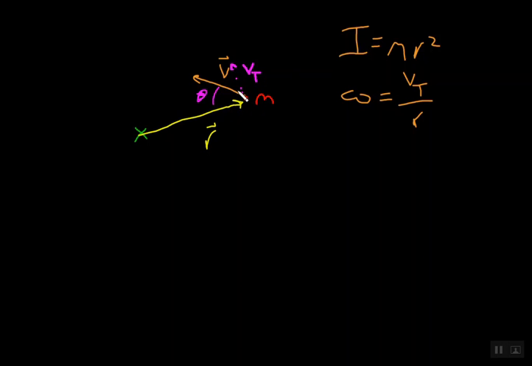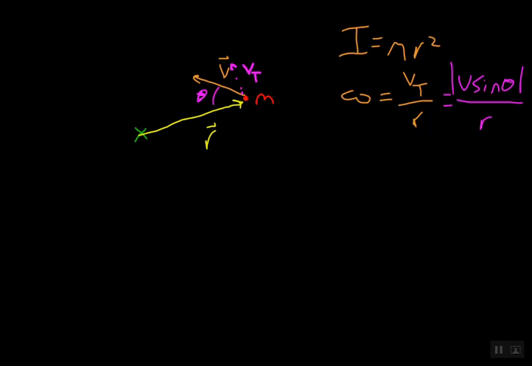If we just look, well, this is 90 minus theta, so theta would be here as well if we had a little right triangle. So it would be the opposite. So this is equal to v sine theta, and these are all magnitudes, v sine theta over r.